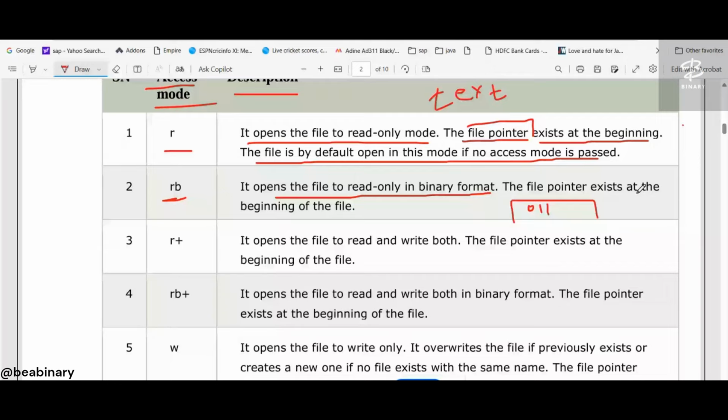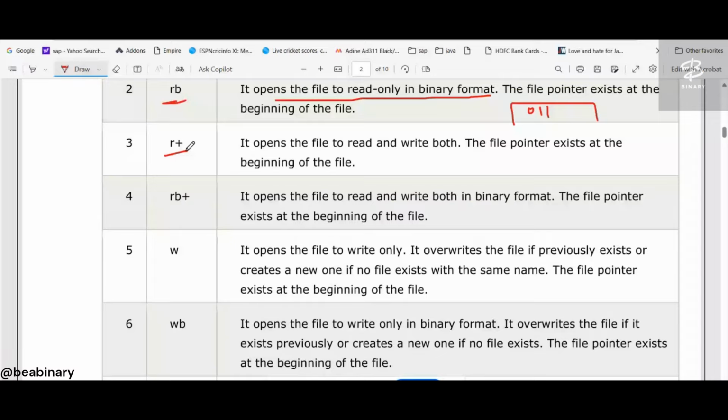Similarly, there is a mode called R plus. It opens the file to read and write both. The file pointer exists at the beginning of the file. What I want to tell you is, whenever you see a B in a mode, B stands for binary.